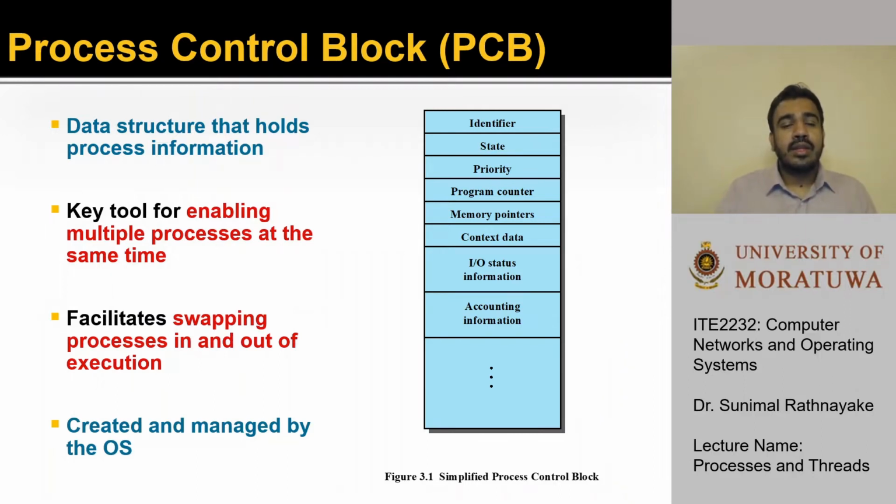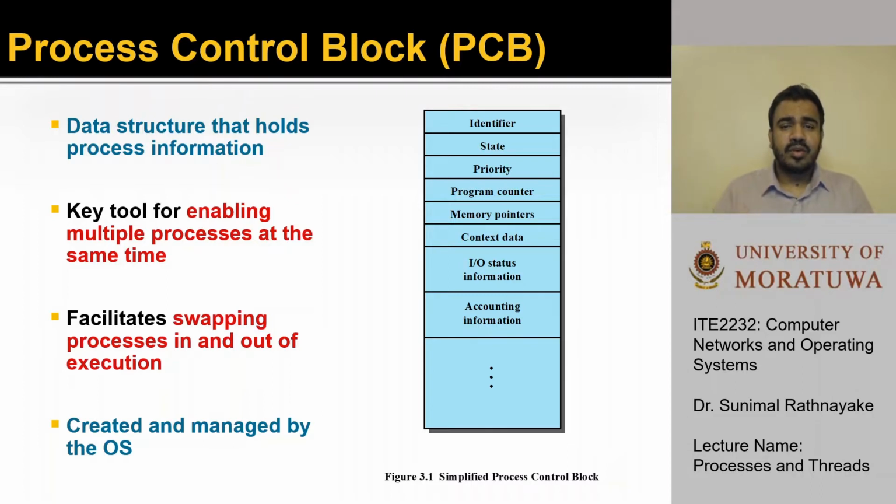This is how the process control block looks. The process control block is the data structure that holds information about a process. So the components or the characteristics that I mentioned in the earlier slides, such as the identifier, the state, and the priority, are actually stored in this process control block.